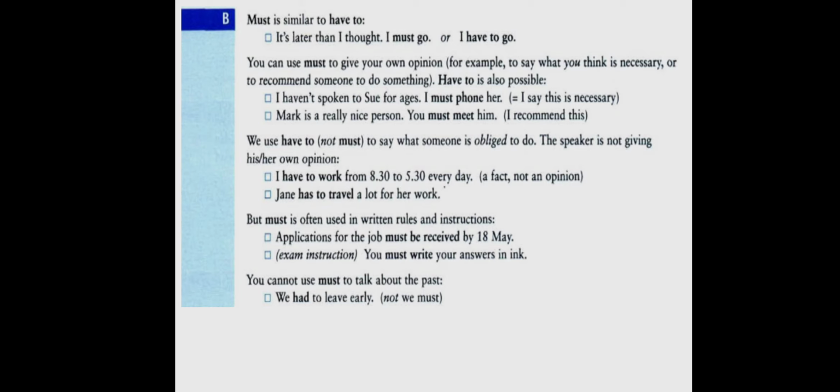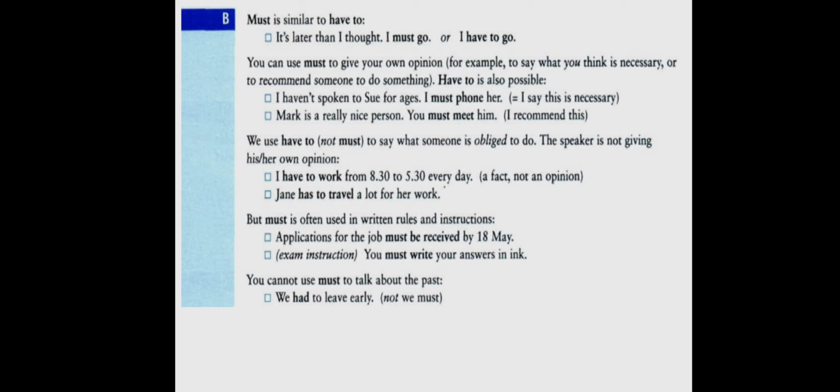So to express personal view or personal opinion, we use must plus the base form. We use have to, not must, to say what someone is obliged to do. The speaker is not giving his or her own opinion.